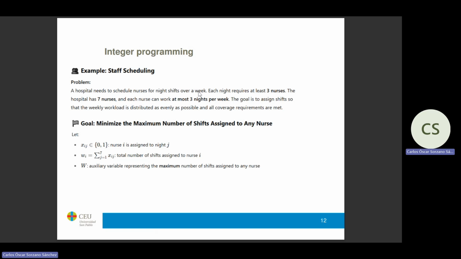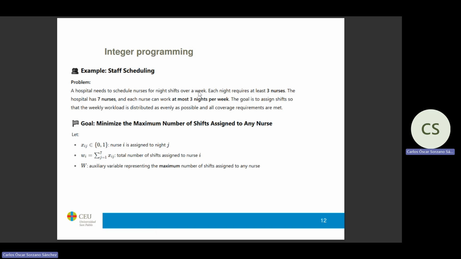Let's say that we want to optimize the scheduling of people, of the staff. For instance, let's say that the hospital needs to schedule nurses for night shifts over a week. Each night requires at least 3 nurses. The hospital has 7 nurses, and each nurse can work at most 3 nights per week.